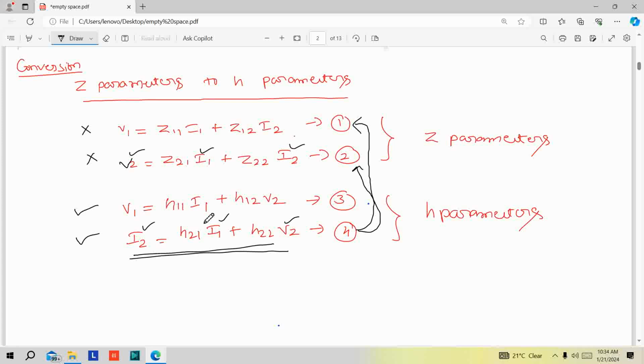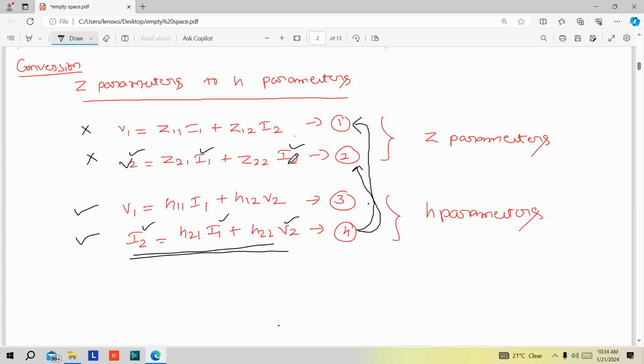How do we vary equation 4? We rearrange equation 4 in terms of equation 2, because equations 2 and 4 are matching. Equation 2 has V2 on the left-hand side, equal to, so arrange equation 4 in terms of equation 2.